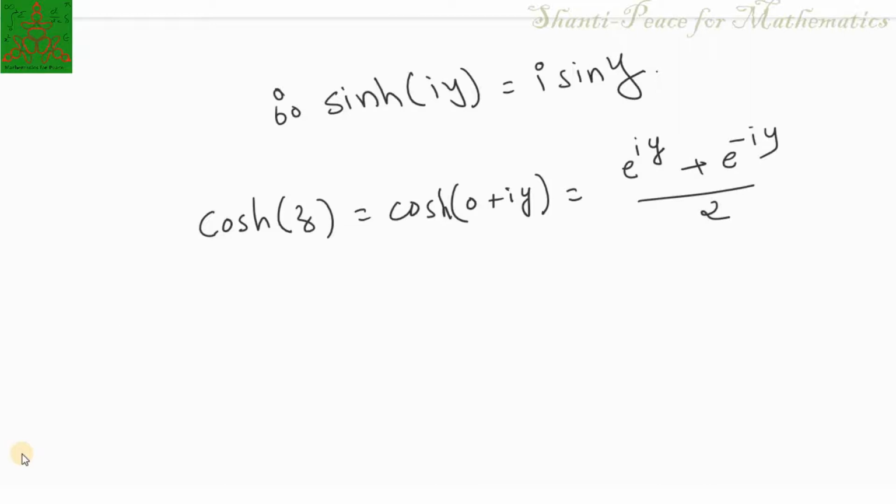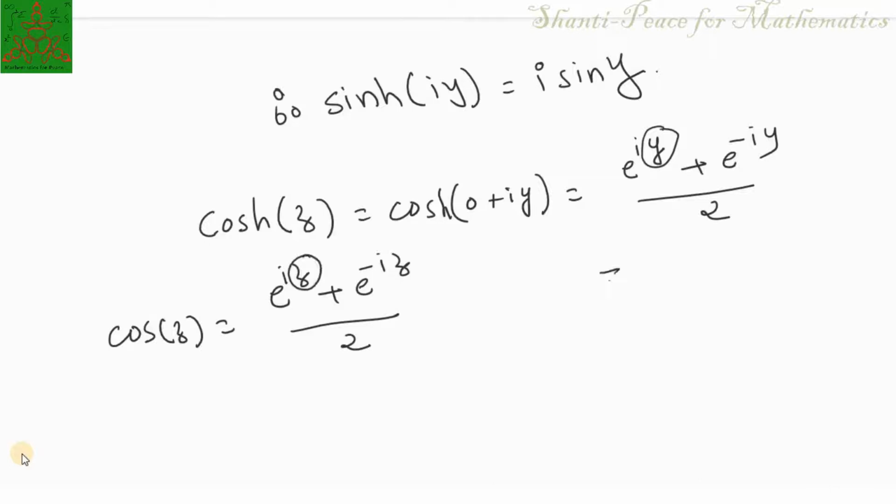And if you recall the definition of cos z is (e power iz plus e power minus iz) by 2. Now you just observe, this is y here instead, and here it is z. So this is nothing but cos y. So what we got finally is cos hyperbolic of iy will be cos y.